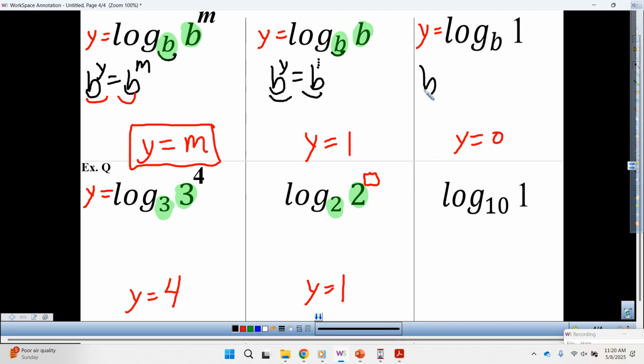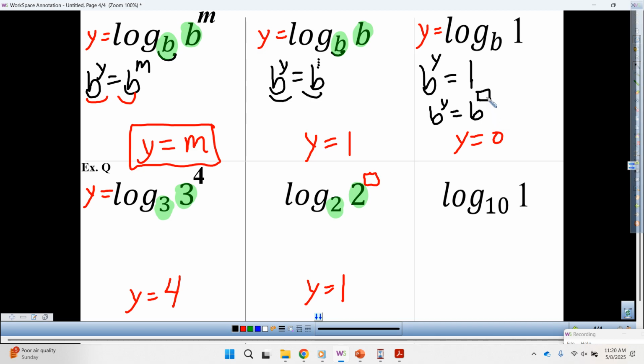So we got b to the y equals 1. You're like, wait a minute, Mr. Q. It's a 1 instead of a b. All right, so let's change that. They need to be the same base. So question, what exponent should be on the b in order for this side to be equal to 1?